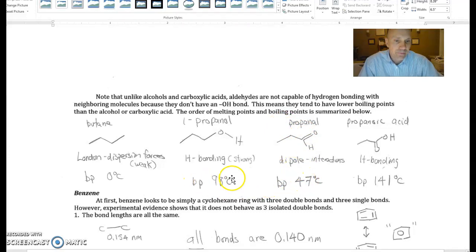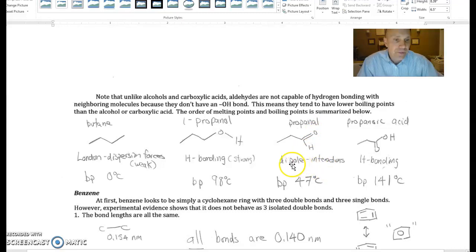That's because if you compare this to this, you'll notice that hydrogen bonding is not possible. Generally with hydrogen bonding, you're going to need to have a hydrogen which is connected to either a nitrogen, oxygen, or fluorine. And in this case, we don't have a hydrogen which is directly attached to that oxygen.